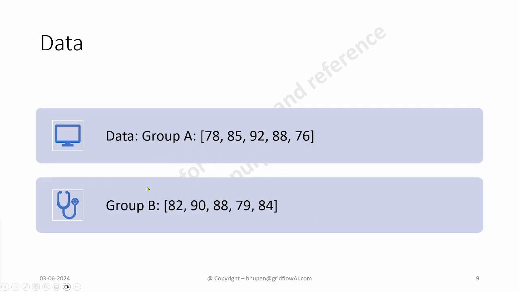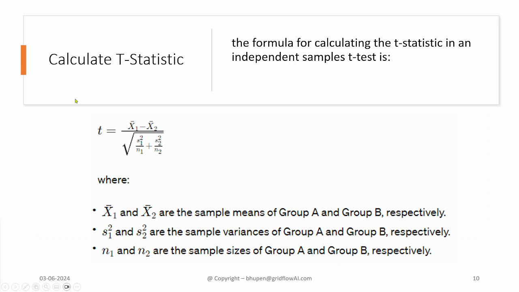So that's my group A and group B data. The formula for the t-test essentially takes the sample 1 mean and the sample 2 mean, and divides by the standard deviation of sample 1 and sample 2, so that's the square root of that.